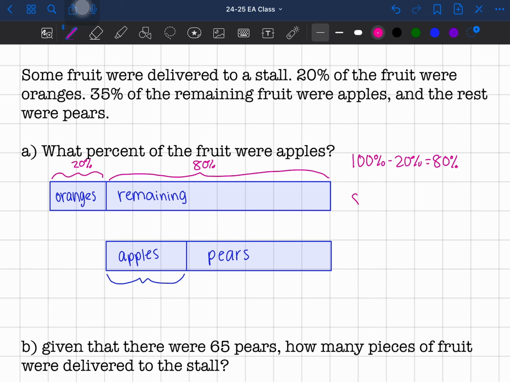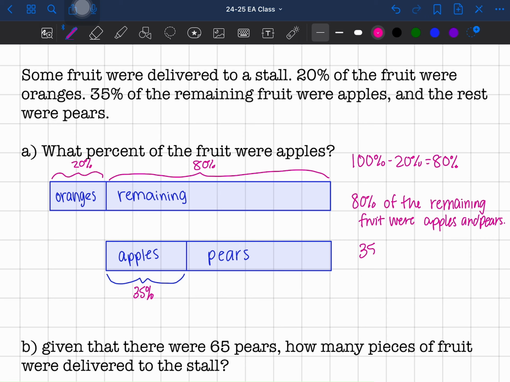So 80% of the remaining fruit were apples and pears. We know that 35% of the remaining 80% were apples.